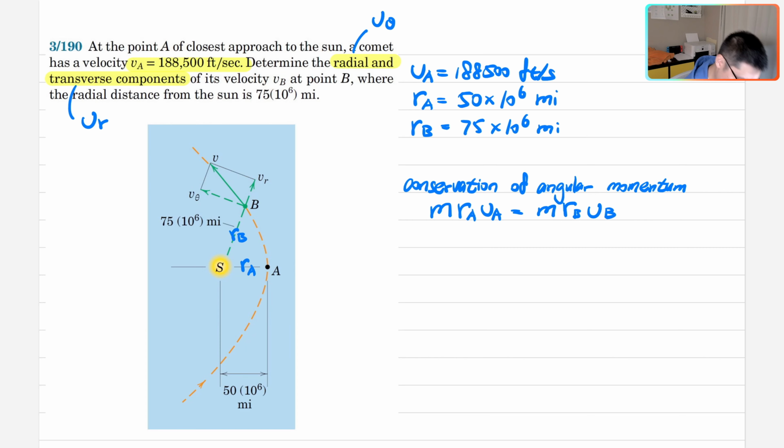And in this case, our VA is essentially the V theta at point A, and VB will be V theta at point B.